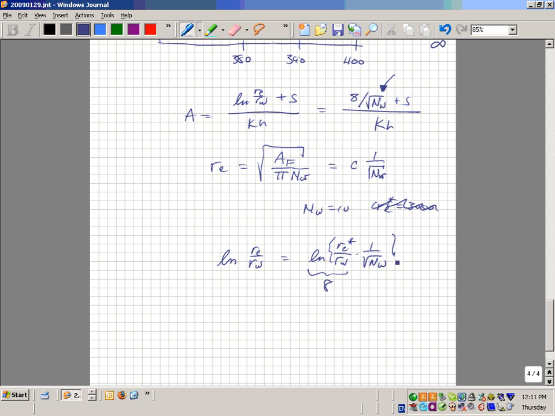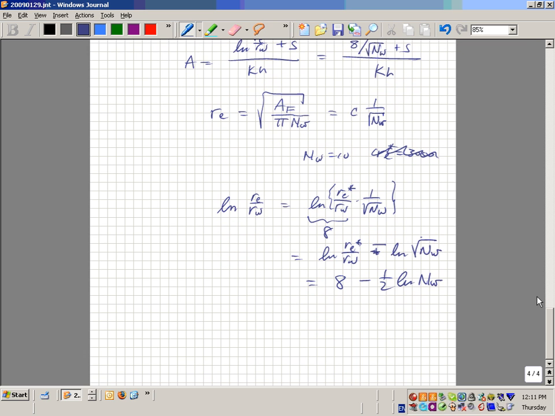So that's equal to log RE star RW minus log square root of N, which is equal to 8 minus a half log NW. That's actually going to be the equation.